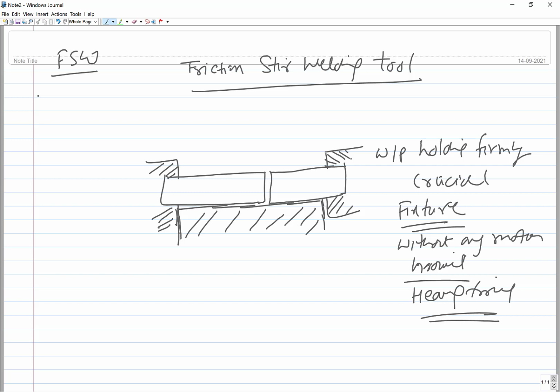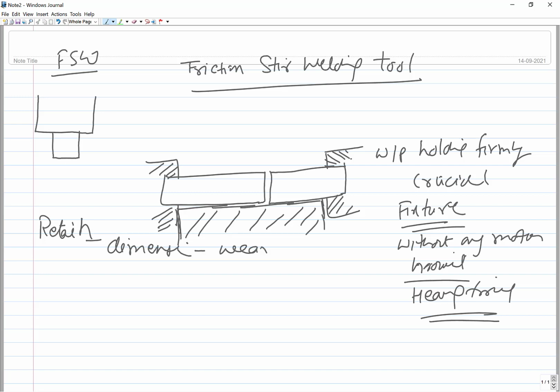And then what we need is a very firm tool also, and just like any cutting tool, you need the properties of the tool material to be such that it can retain its dimensions.